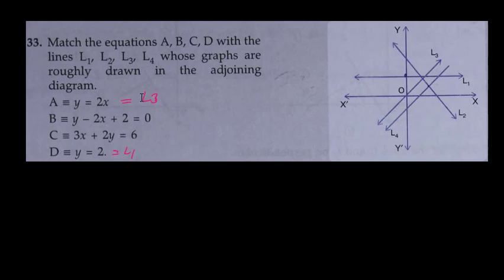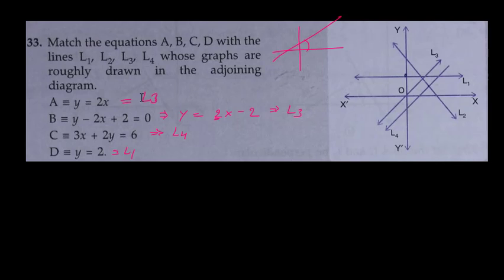Now we have two lines, L4 and L2. For L4, any line which makes some acute angle has a positive slope. So here this line is y equal to 2x minus 2. The slope is 2, which is positive. So this equation is line L4. And then the remaining line is going to be your line L2.